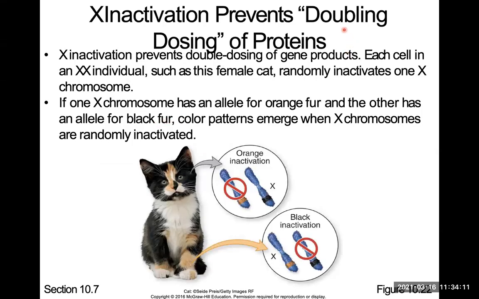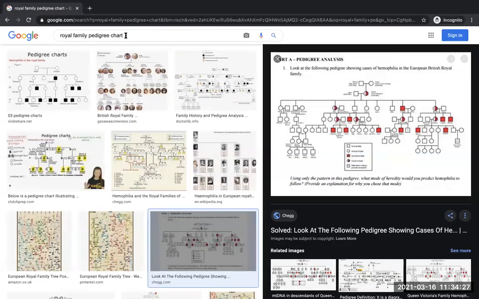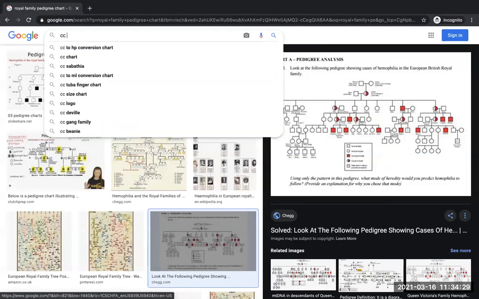And then we talked about CC the cat. You can track down sick genes or mutated genes that are causing the disease. So CC the cat, and I think CC stands for carbon copy.